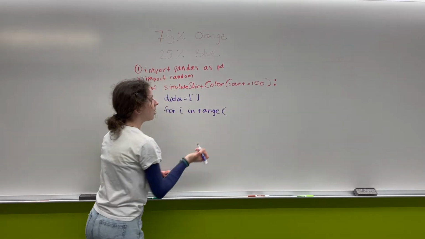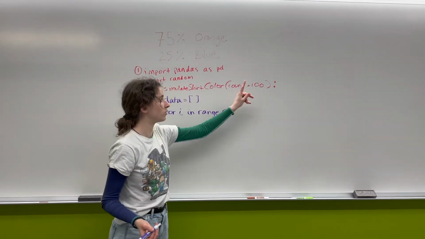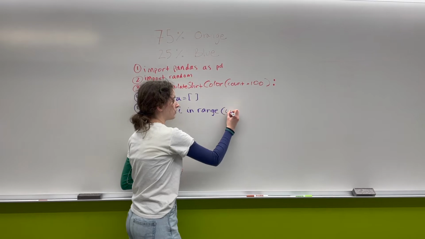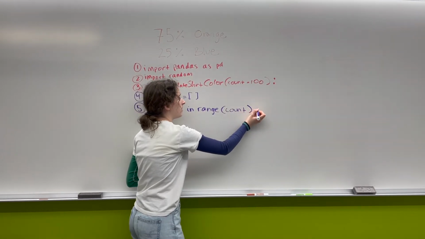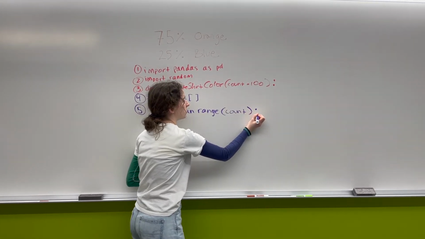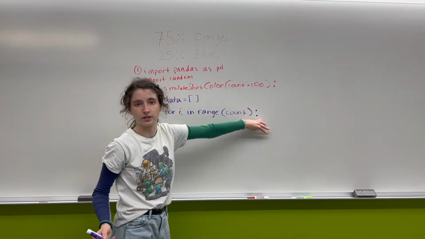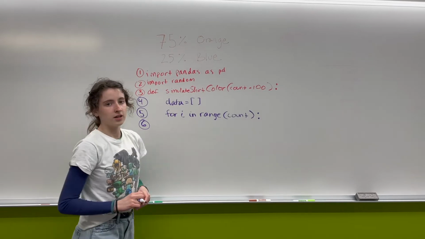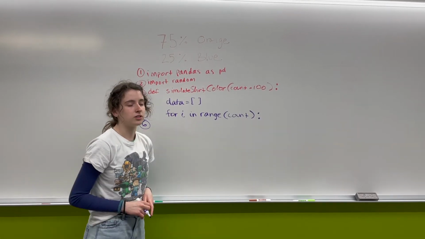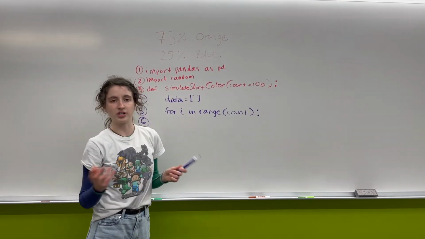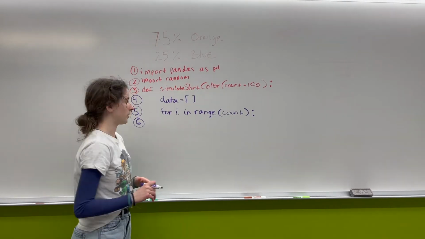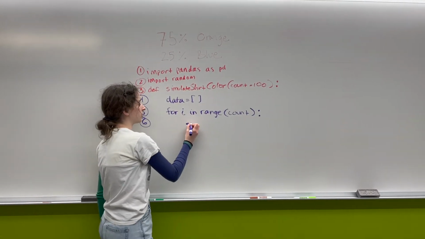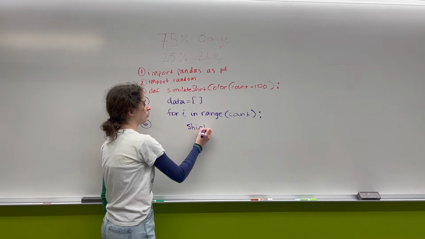And what's our range here? Well, you want to repeat count times, so you put the count parameter in the range parentheses, and then make sure you put your colon there, and then do another indentation. So since the shirt color is randomly generated for whoever shows up, you want to use a random variable. So declare a random variable. I think it tells you it has to be called shirt.